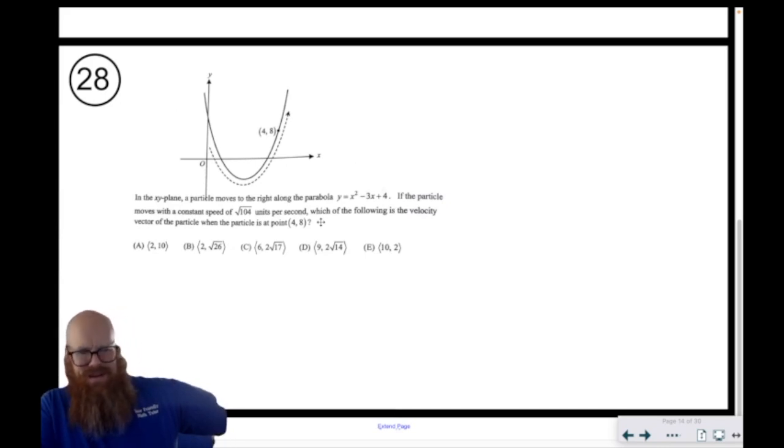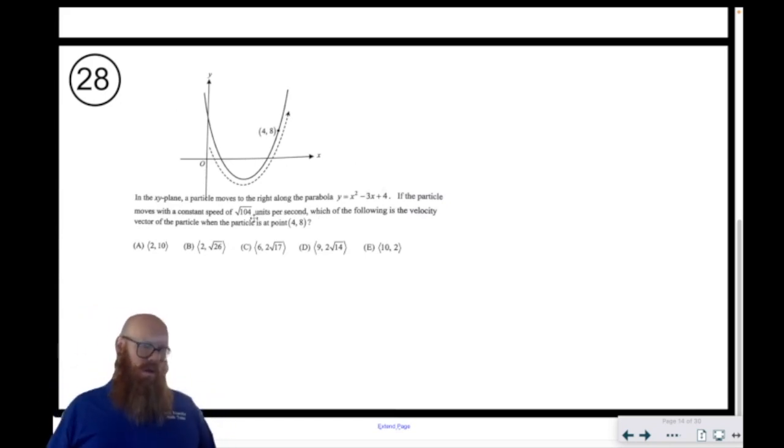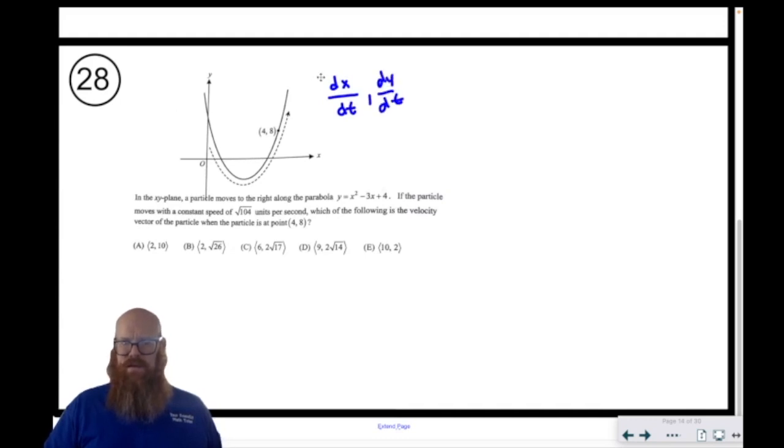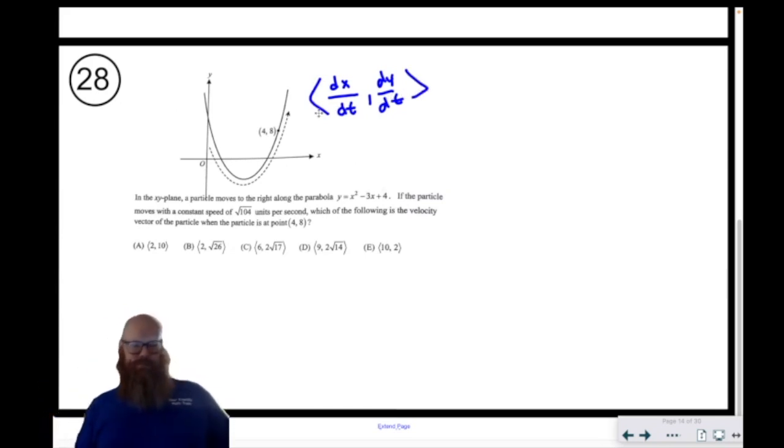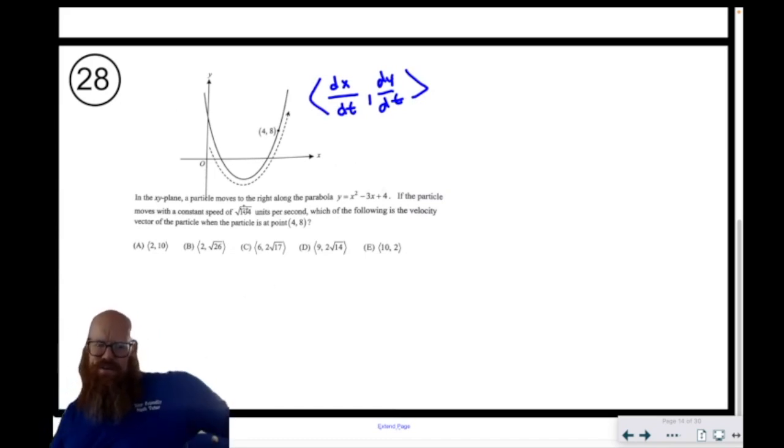So speed, at this point, the velocity vector will be like dx/dt comma dy/dt at that particular time. And the other information they give us in the problem is that its constant speed is root 104.